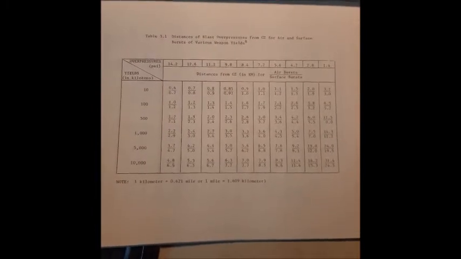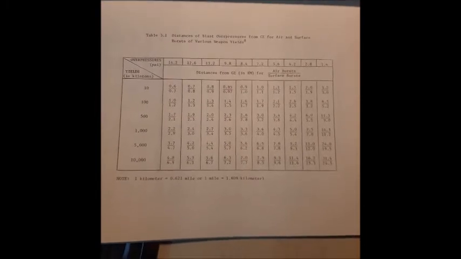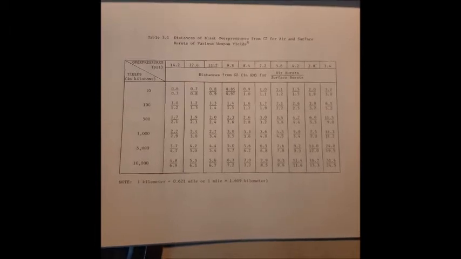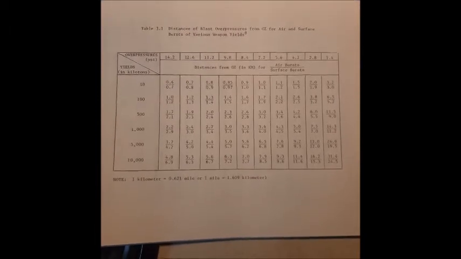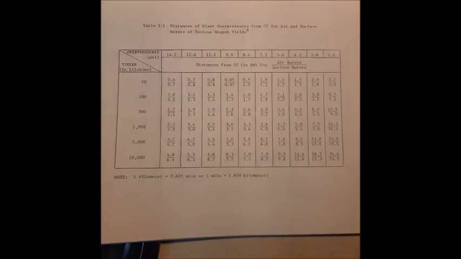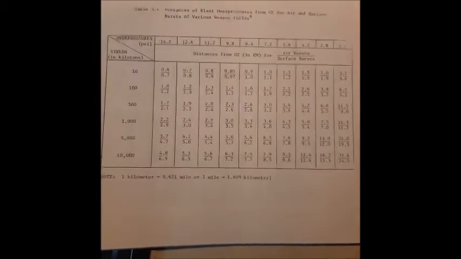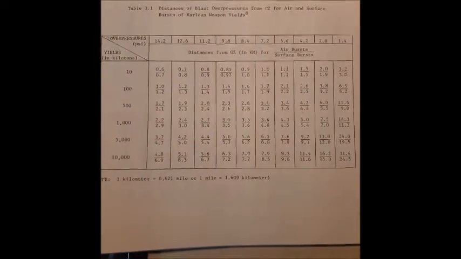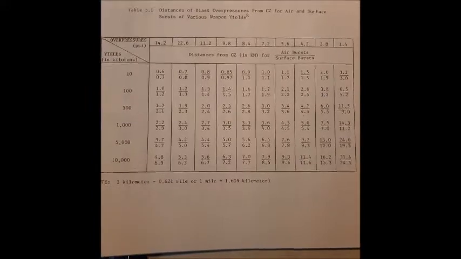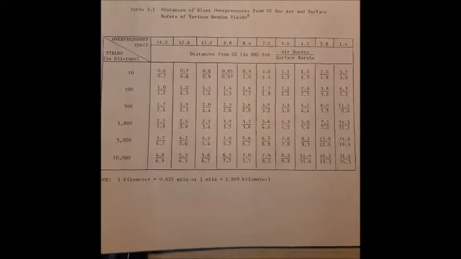Distances are in kilometers, so you'll have to change that to miles or use kilometers. But this gives you really good overpressure data from different size weapons. This is what the Soviets actually used for planning. So you can go ahead and copy this off your computer screen with screen capture and use this.